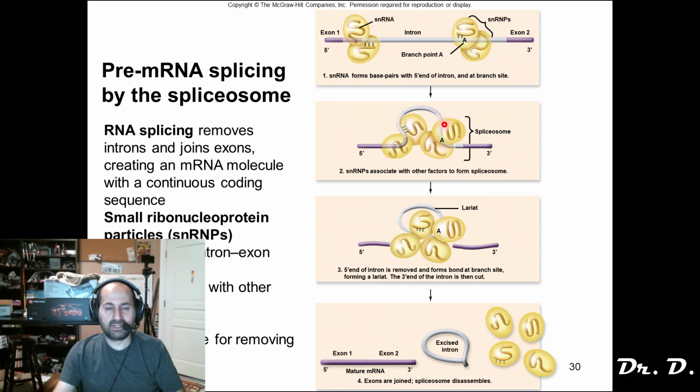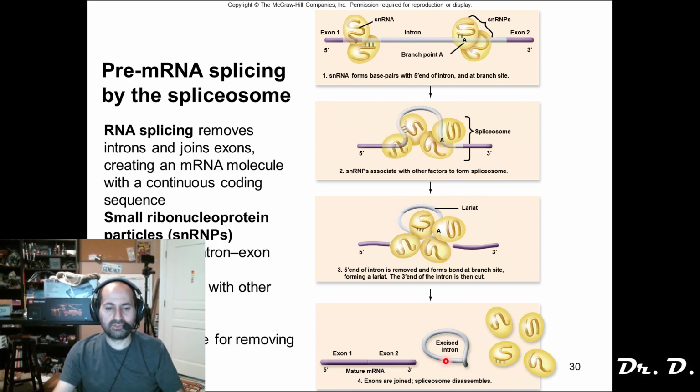The spliceosome is able to loop the intron, and look what the structure is called. This loop is called the lariat, and for you true Texans who are watching, you'll know that a lariat is a cowboy's lasso, so this structure got its name after the cowboy's lasso.